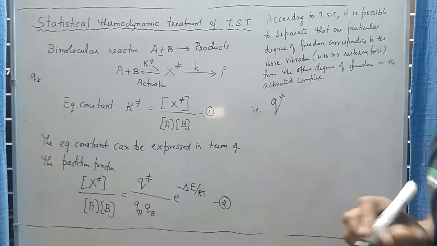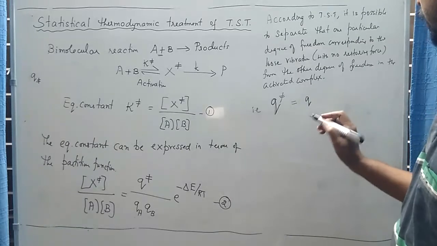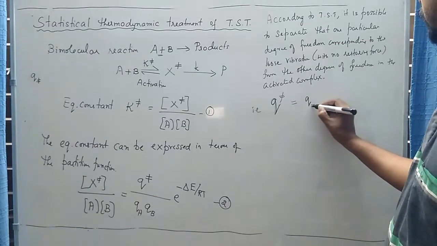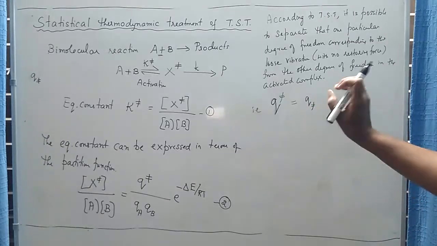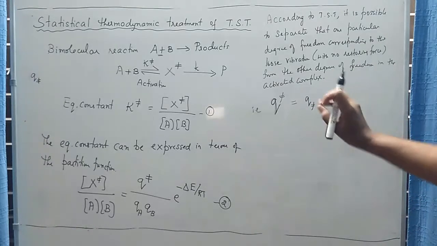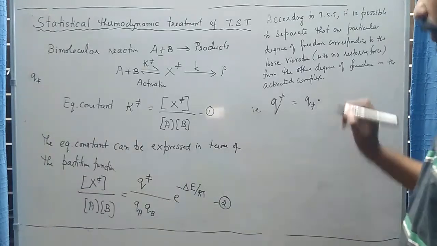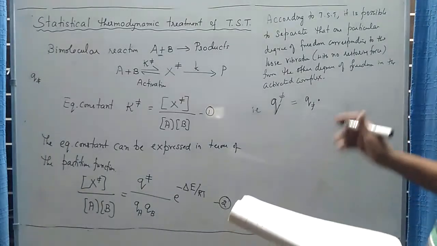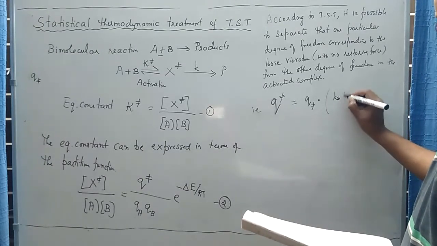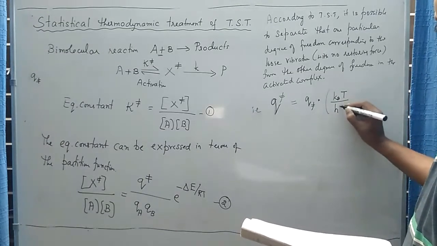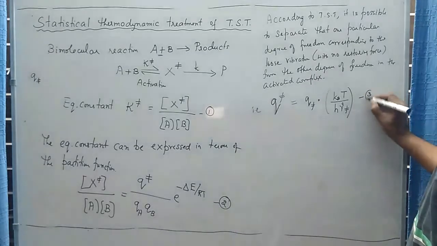It is the overall partition function, which is equal to Q dagger, the overall partition function except the partition function of this loose vibration, into kB T divided by h nu dagger.